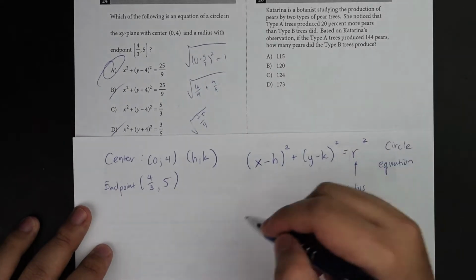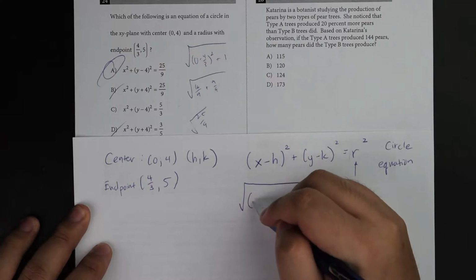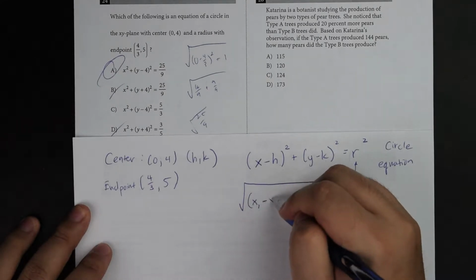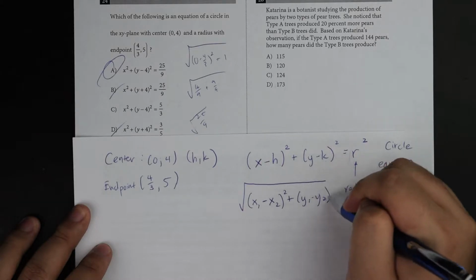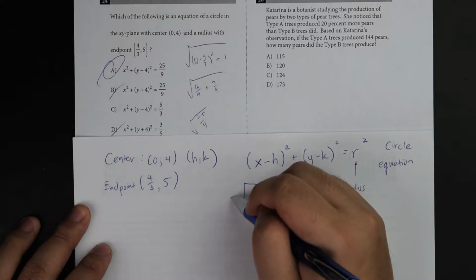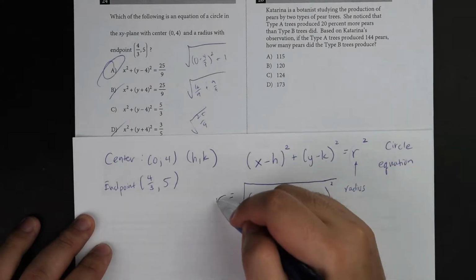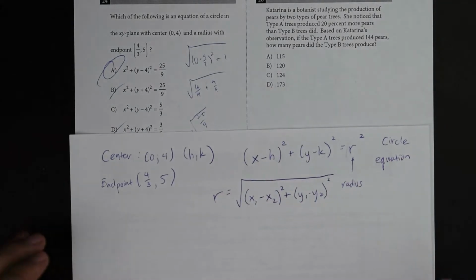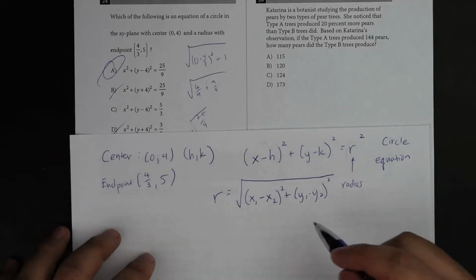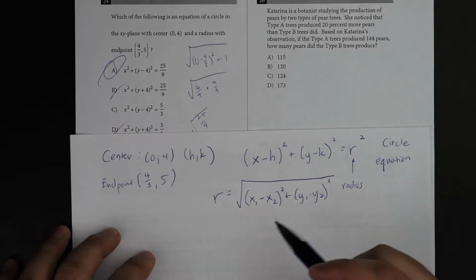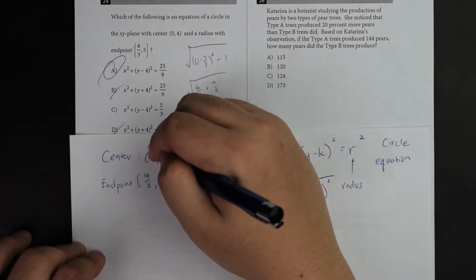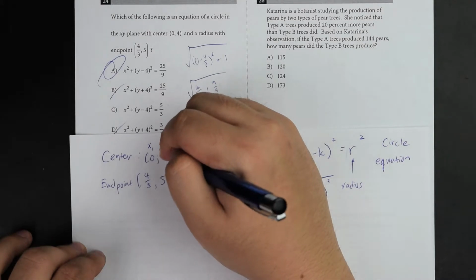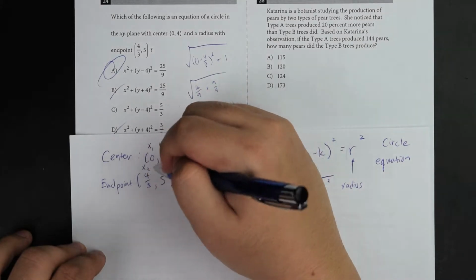The formula is the square root of (x1 - x2)^2 + (y1 - y2)^2, which equals r in this scenario. This formula originates from the Pythagorean theorem. I have to label these as x1, y1 and x2, y2.